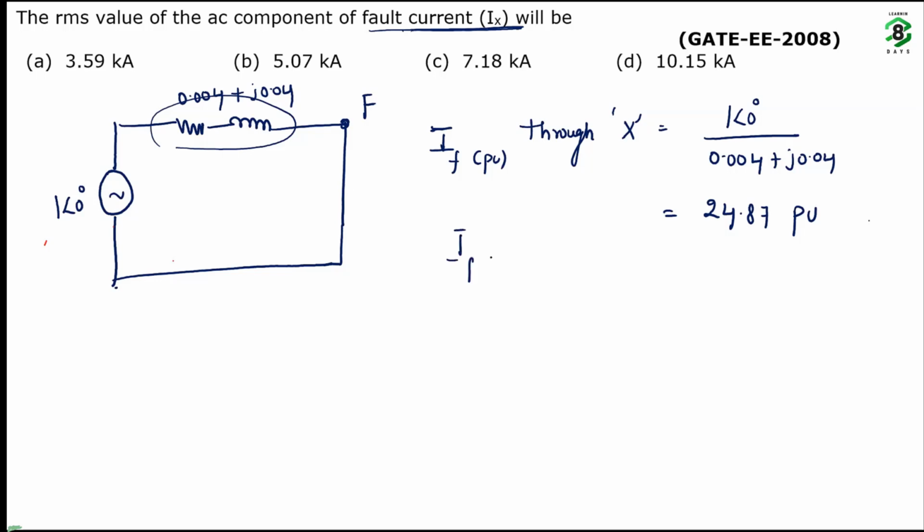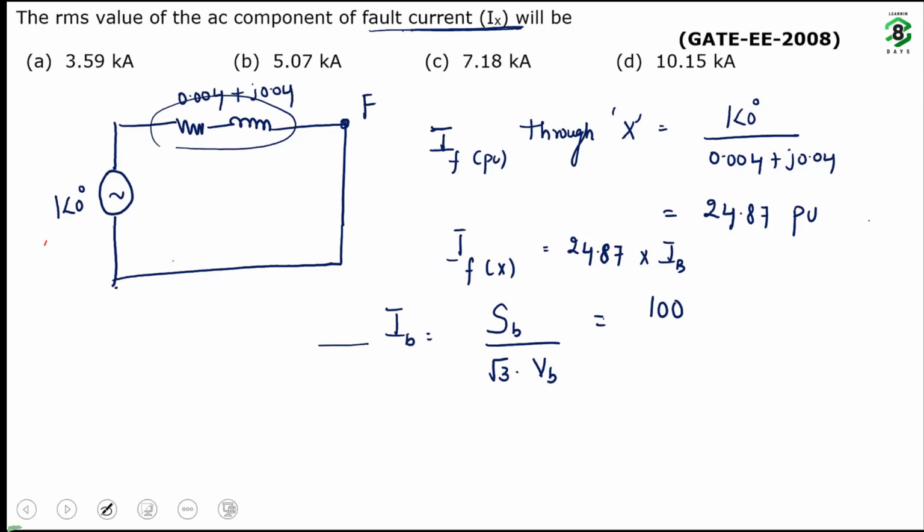So the fault current IF through bus bar X will be 24.87 per unit into I base. What is the base current value? If you remember, S base divided by root 3 into V base: base MVA divided by root 3 into line to line base voltage.